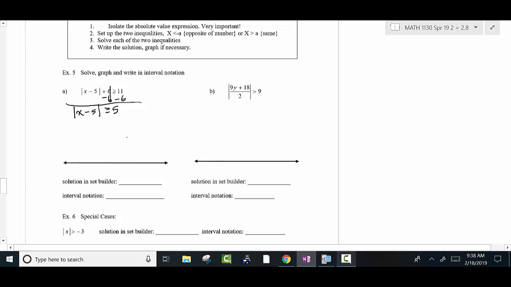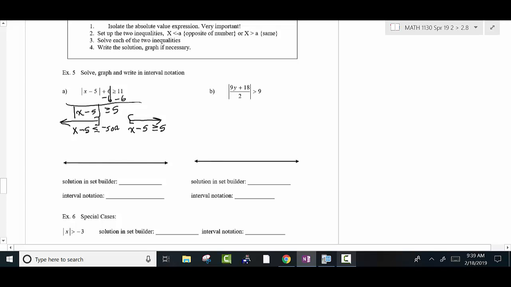I always think of it this way. One solution goes to the right, so you would say x minus 5 is greater than or equal to 5, and then you solve that. The other solution goes to the left, so going to the left is less than, and you change the 5 to negative 5.